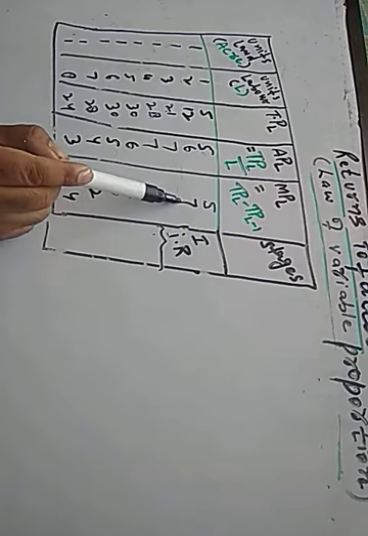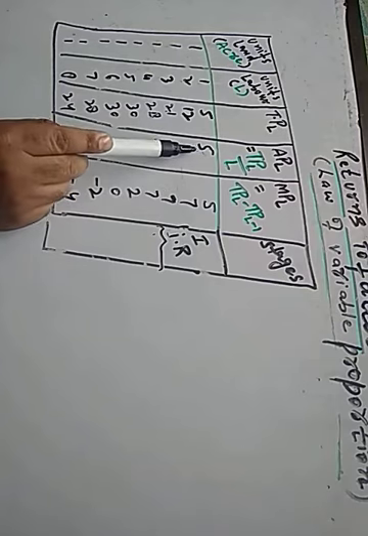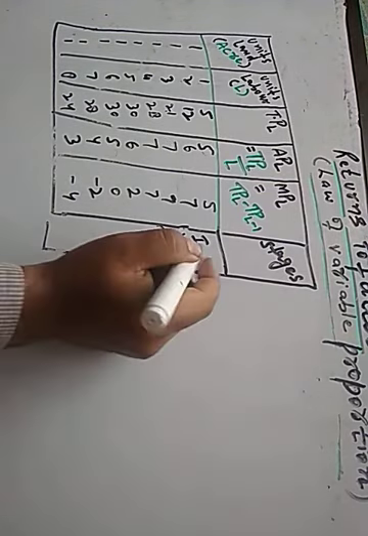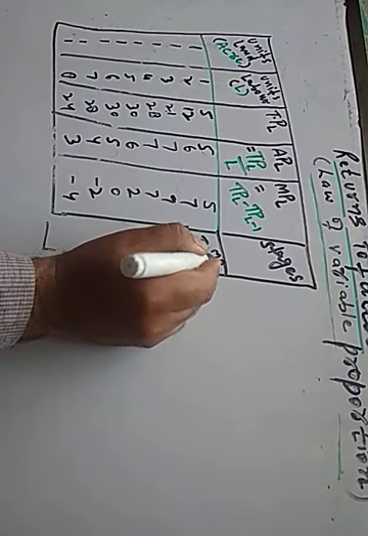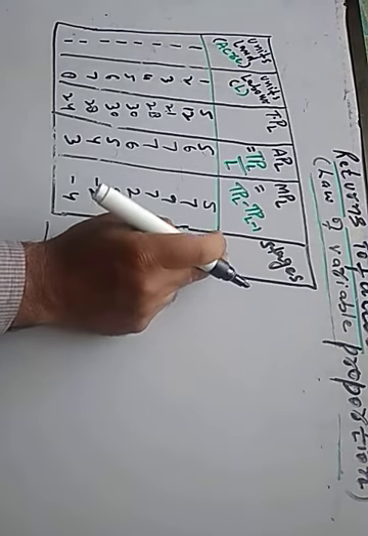Therefore the value of marginal product of factor is greater than the value of average product of factor. Marginal product is greater than average product.